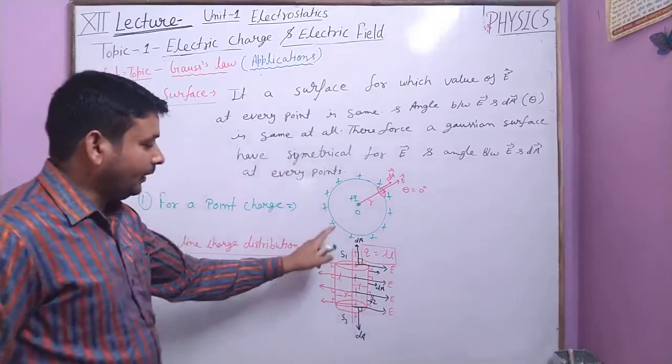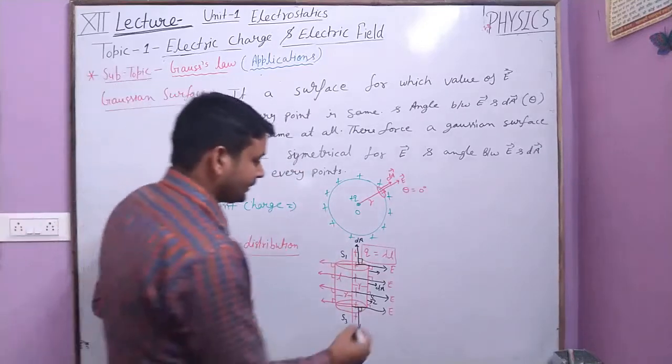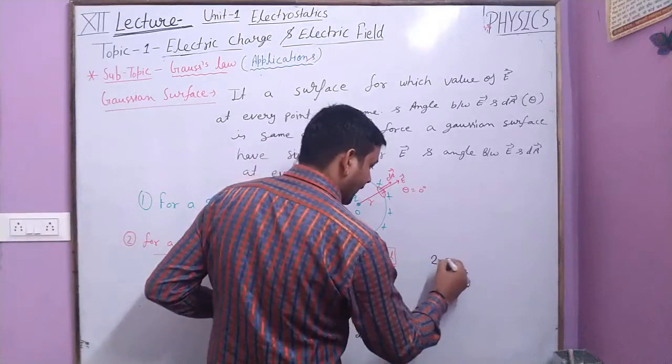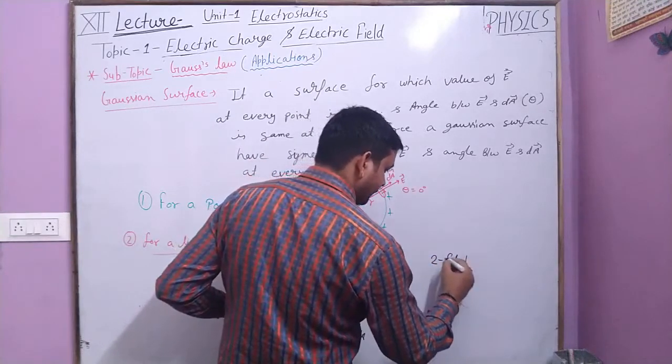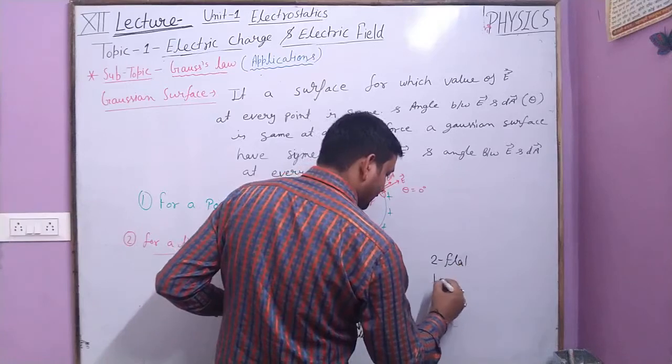So you can find a cylinder has three surfaces, two flat and one curved.